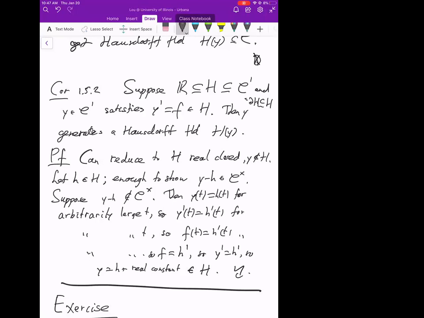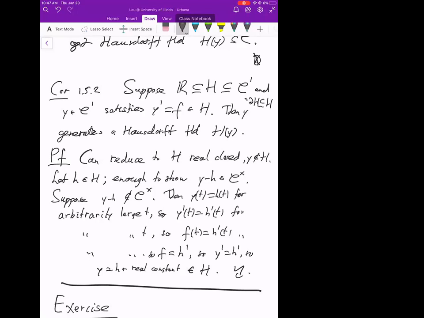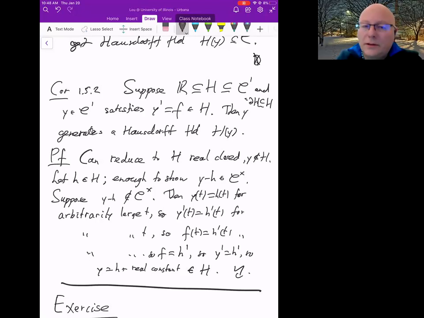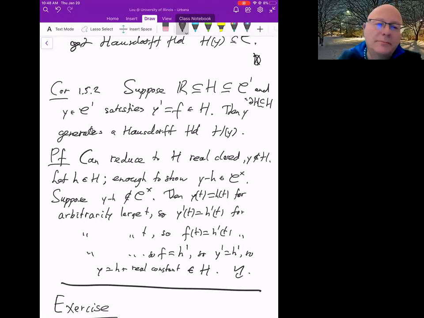I will come back to that in the context of Hardy fields, and I basically proved already the main fact about adding antiderivatives in this corollary, but I will still state it, because for Hardy fields you don't actually need to assume that R is a subfield of it, because you can anyway. So maybe the corollary could be false for a Hausdorff field.